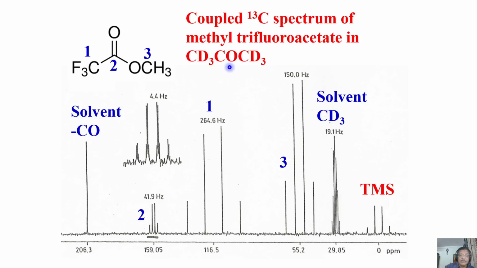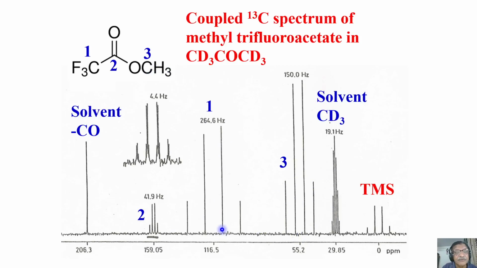This is the advantage of the coupled spectrum. Just to give you an idea, I wanted to show how we can make the assignment with a coupled spectrum also. Supposing I were doing a completely broadband decoupled spectrum, what would you have got? A singlet here, singlet here, singlet here, singlet here. Then our confusion would be what this singlet coming downfield is. We would not know whether it is the CH3 carbon or the CF3 carbon.